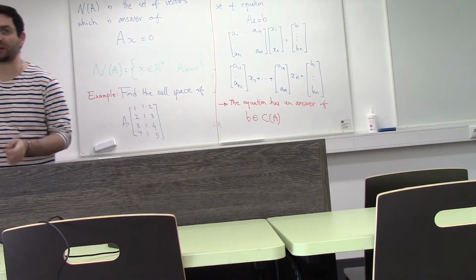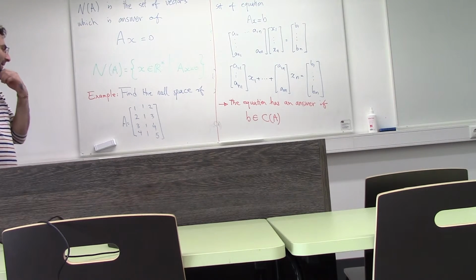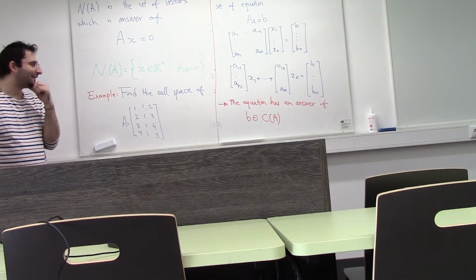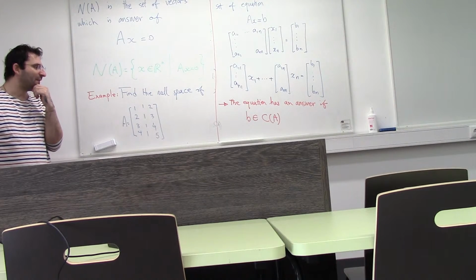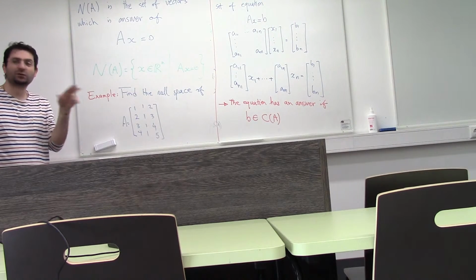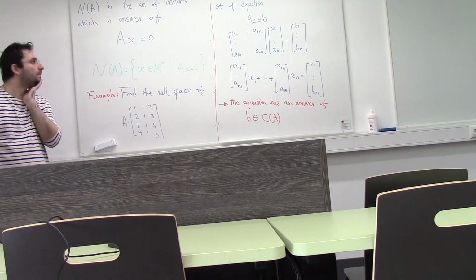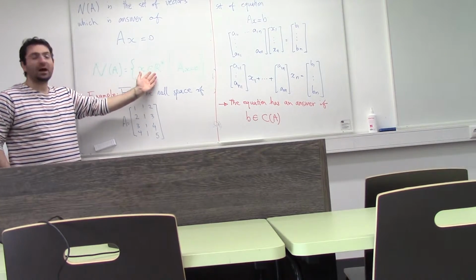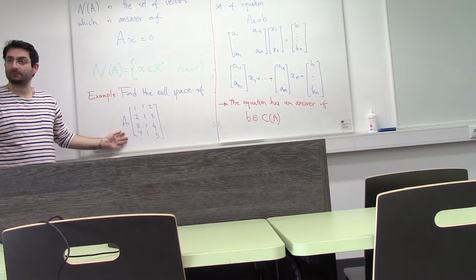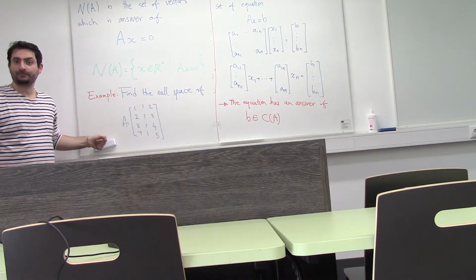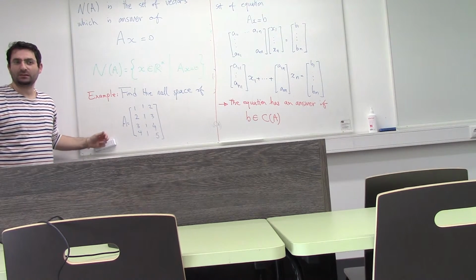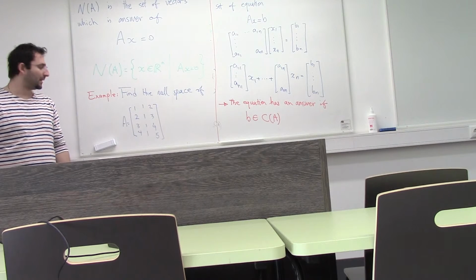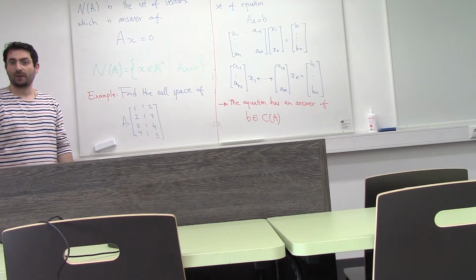So it will be a set of vectors. Can you tell me which vector space it will belong to? I mean, it will belong to Rn, right? But here, what is n? I mean, you might remember it from linear algebra.